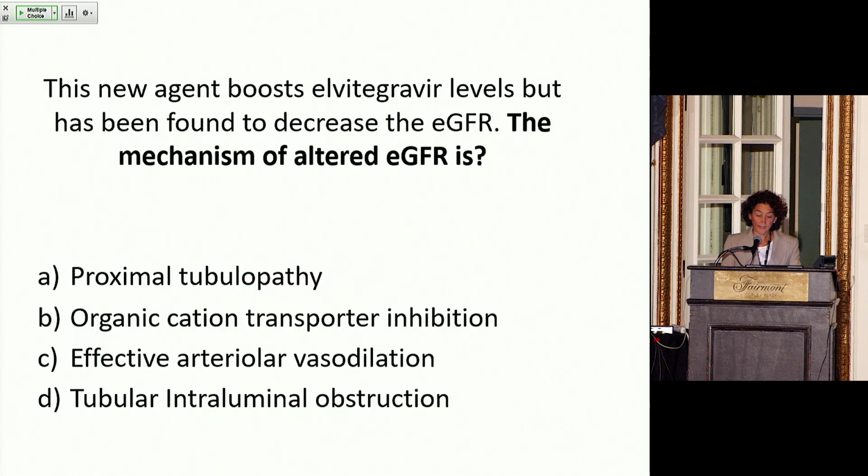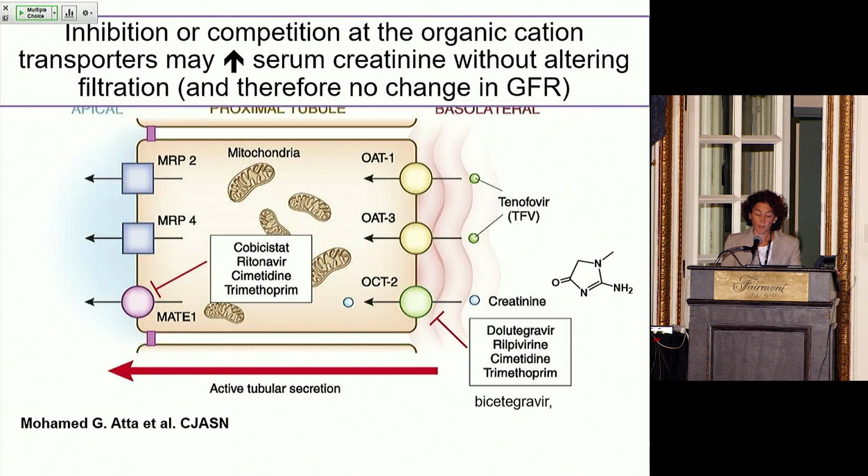And the way that it does it, so that's the desired answer I'm going to show you. The way that it does it is actually blocks creatinine secretion. So I just a moment ago showed you tenofovir, which is transported by the organic anion transporters. Tenofovir is an anion, and creatinine is a cation, and so is cobicistat.